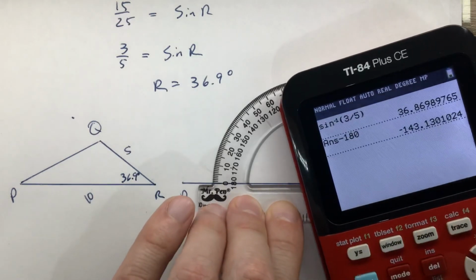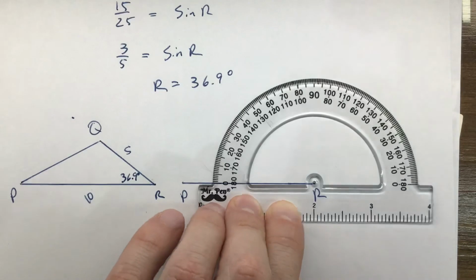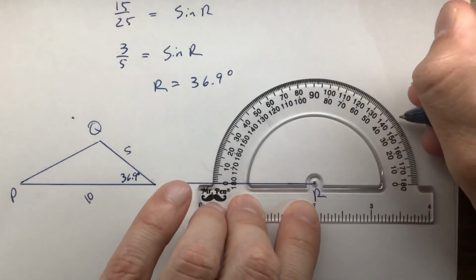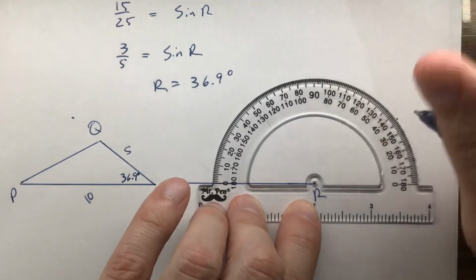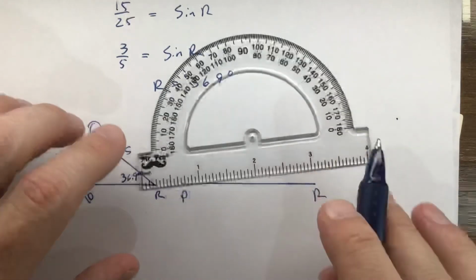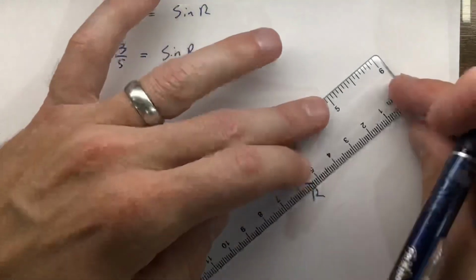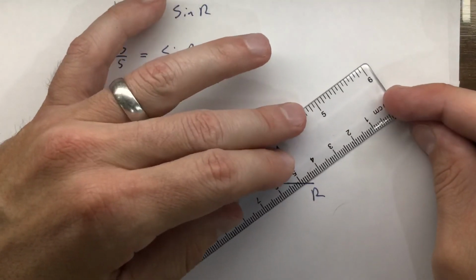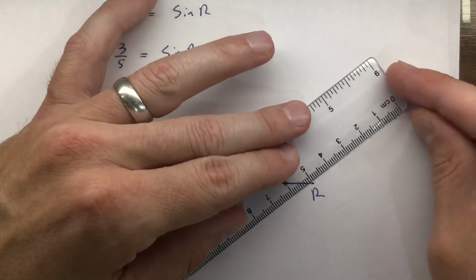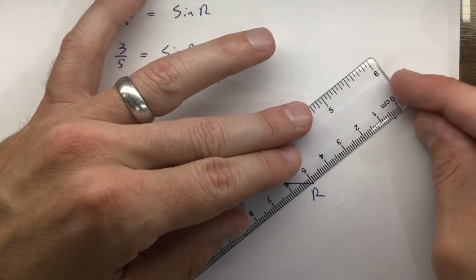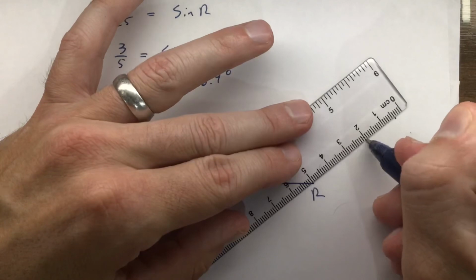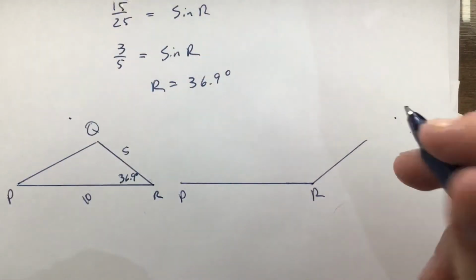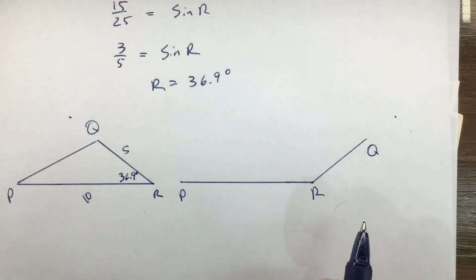So at 143 degrees. And all this is going to be explained why it works in just a moment. Okay, so that's at about 143 degrees. And then I'm going to measure out my, it'd be 5 units, but I'm using 3 centimeters here. Get my line up. So that's going to be Q.